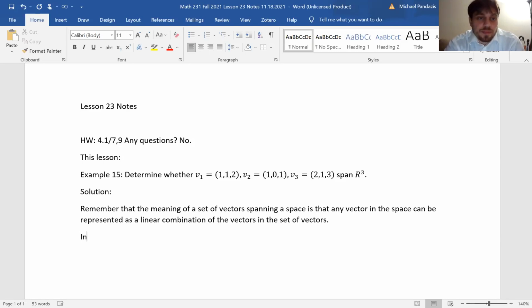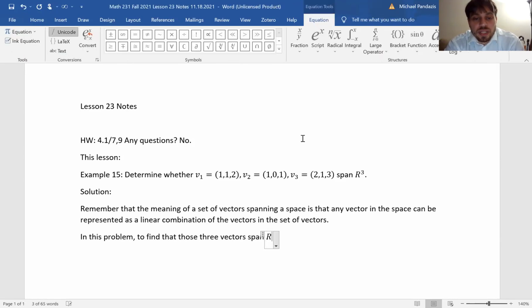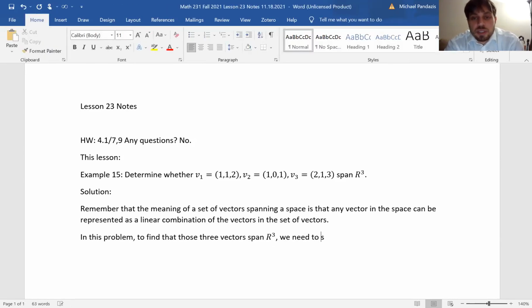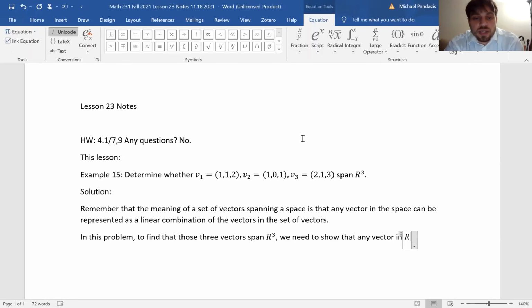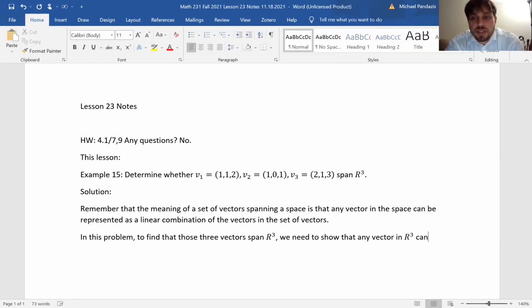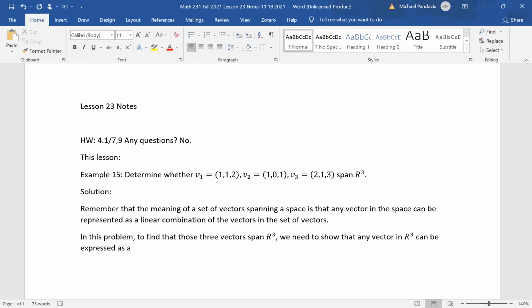In this problem, to find that those three vectors span R3, we need to show that any vector in R3 can be expressed as a linear combination of those three vectors.